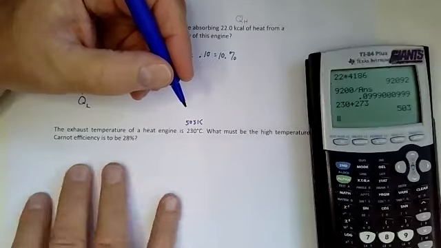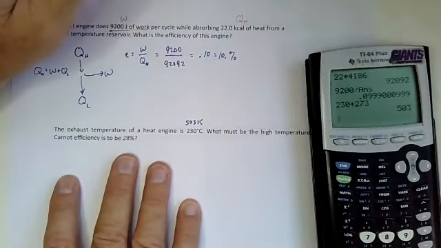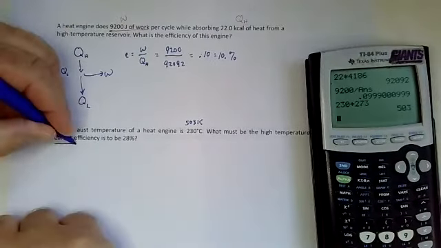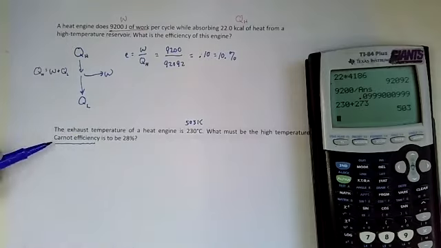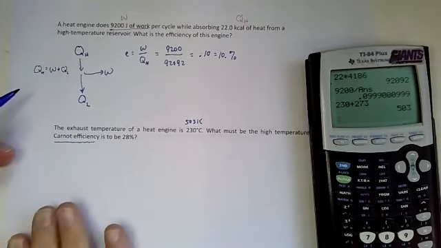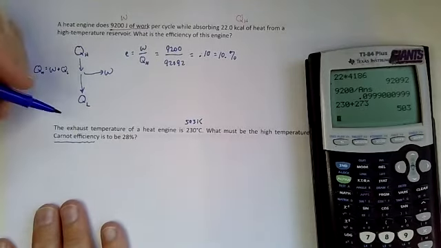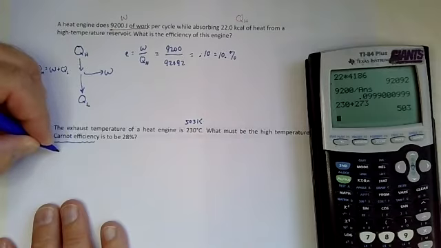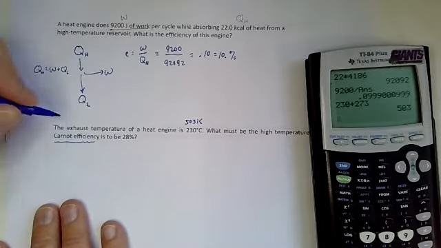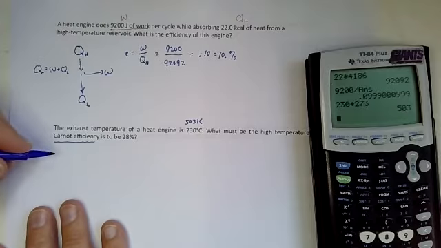And what's the high temperature? The Carnot efficiency is going to be 28%. So Carnot efficiency is this. Remember that Carnot was a very special heat engine, because we go from an isothermal... right, let's just sketch this out really quick.